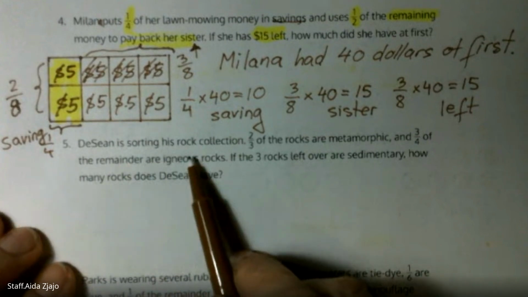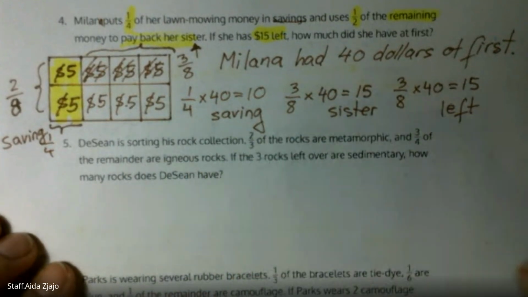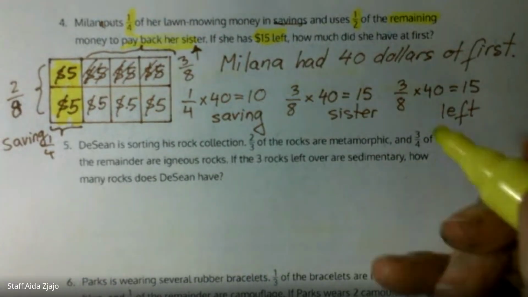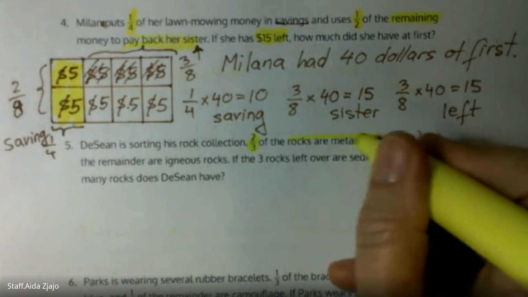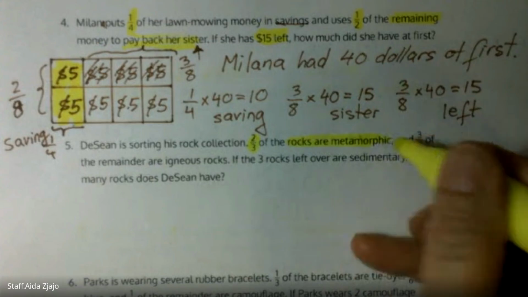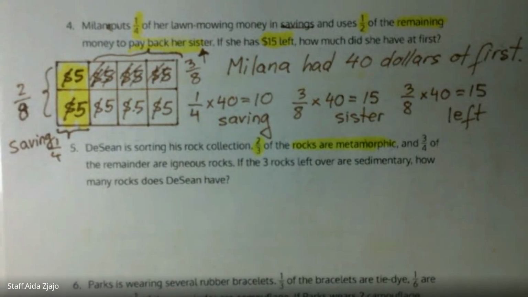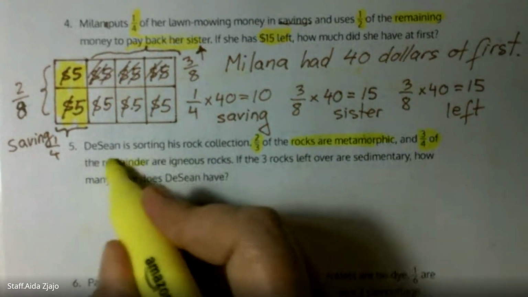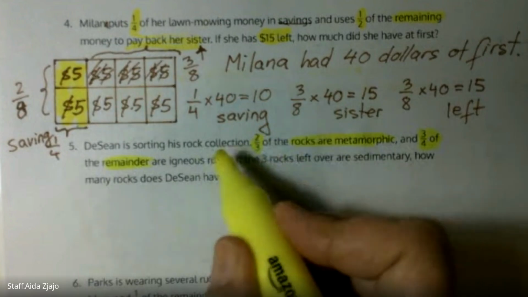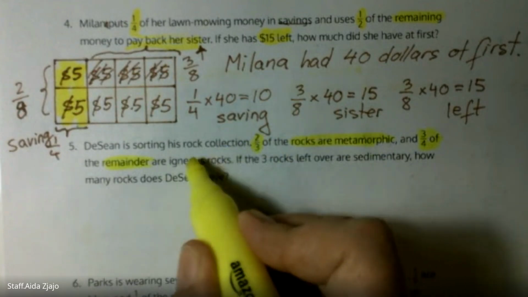Okay. Dijon is sorting his rock collection. 2/3 of rocks are metamorphic. So 2/3, this is science. Metamorphic. And 3/4 of the remaining are igneous rocks.